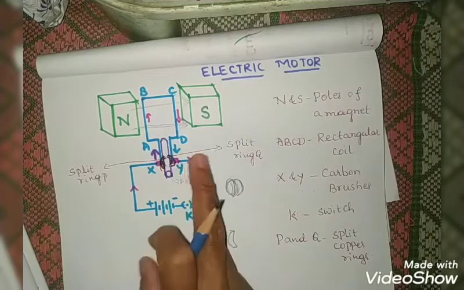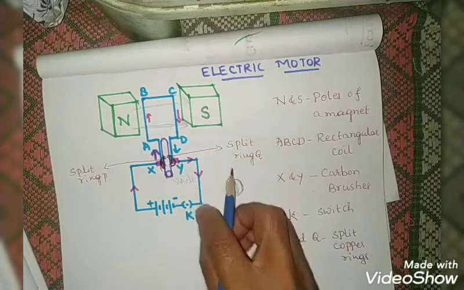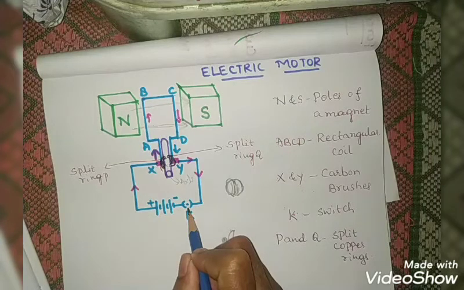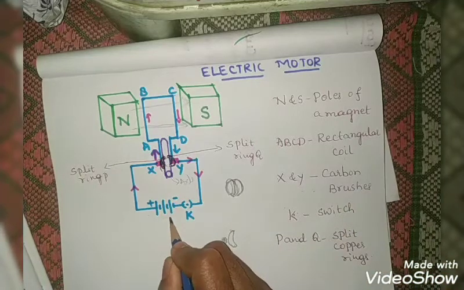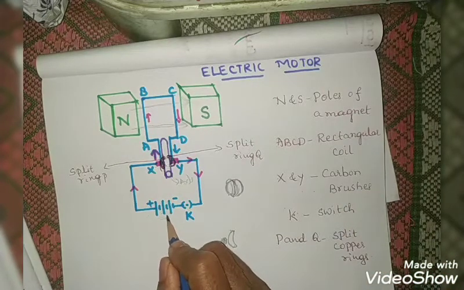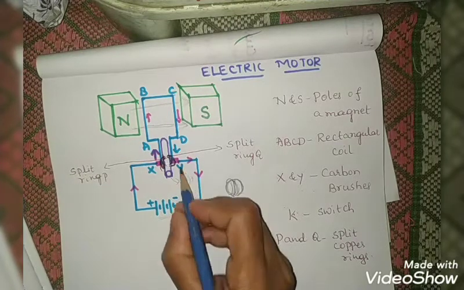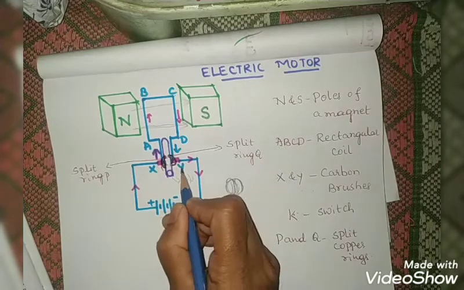Stationary brushes. Remember, X and Y are stationary brushes. They are connected by conducting wires outside to the battery and a switch. As we have seen, when we turn on the switch, the fan begins to rotate, isn't it? For that, what is needed? The passing of current is needed. For that, we are using a battery and a switch. So what are X and Y?